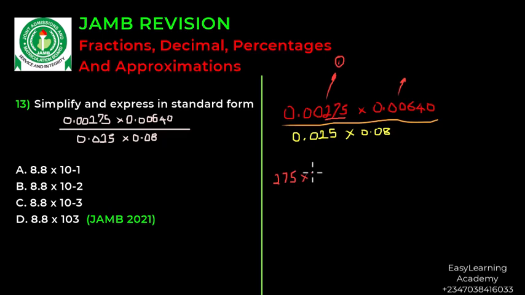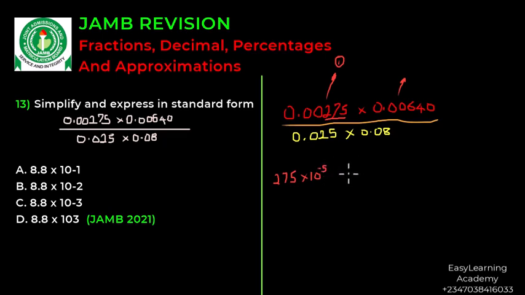After that, the next thing we're going to do is count the number of digits after the decimal point: 1, 2, 3, 4, 5. So this will be -5 here. Okay, so we are done with that one.